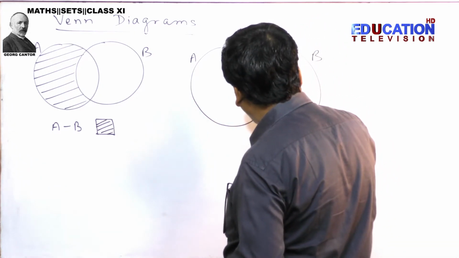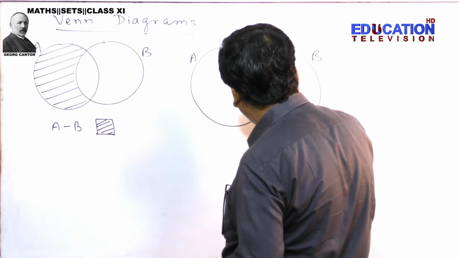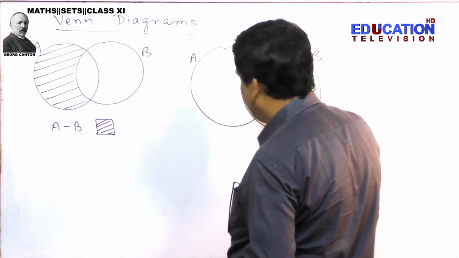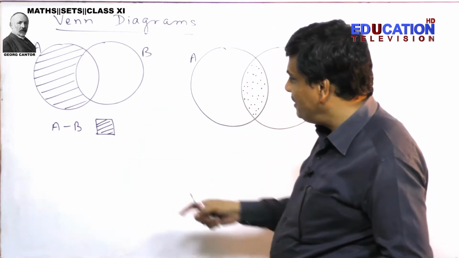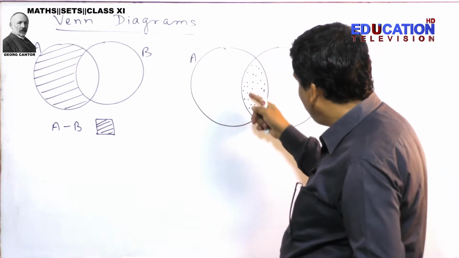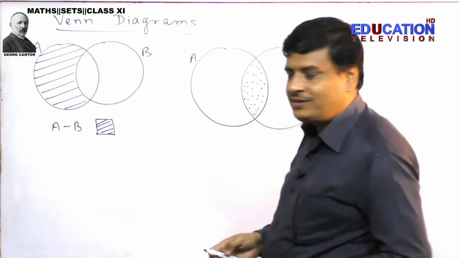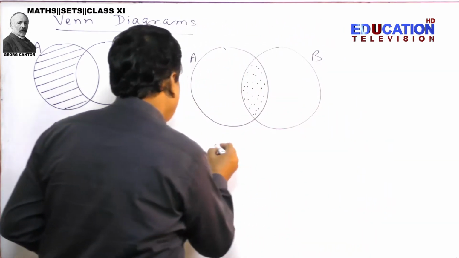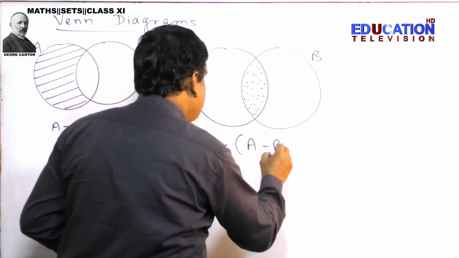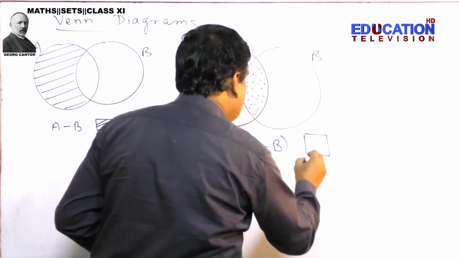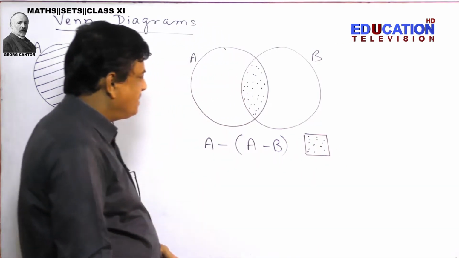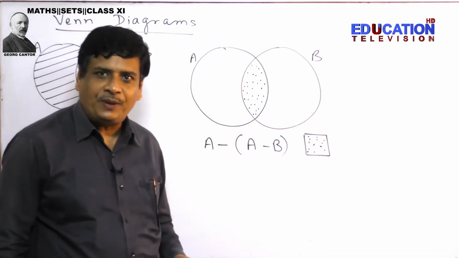This part of set A will remain. If the part of set A minus B is removed from set A, then this is the remaining part of set A. So this shaded region represents A minus B, and it is also A intersection B complement.